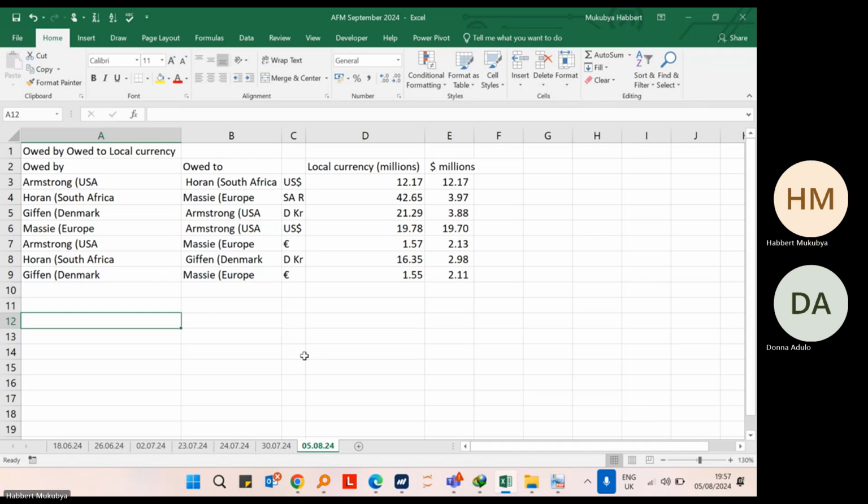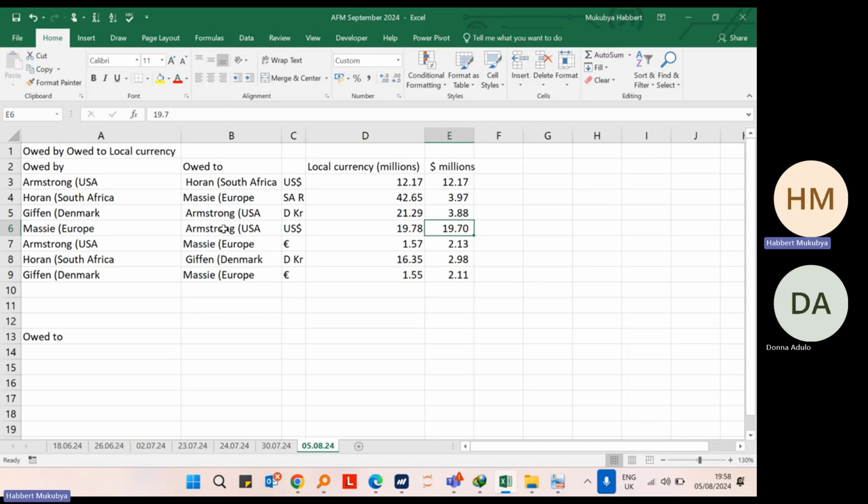If you set up these companies, so if you say which company is owed to, so we have Horan, Mercy, Giffen. So which one is owed the largest amount in dollars? This one here. Okay.